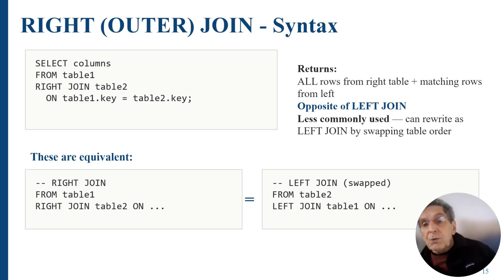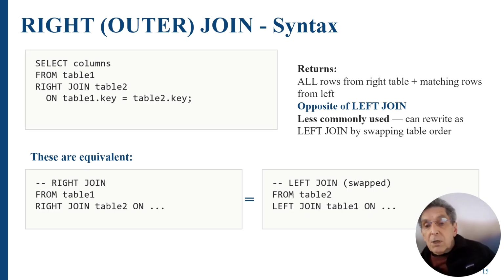But you still need to learn how to do the right outer join. Let's look at these 2 examples on the slide. The right join query and the left join query with swapped tables produce identical results. And most developers find using left joins more intuitive because we naturally read from left to right.